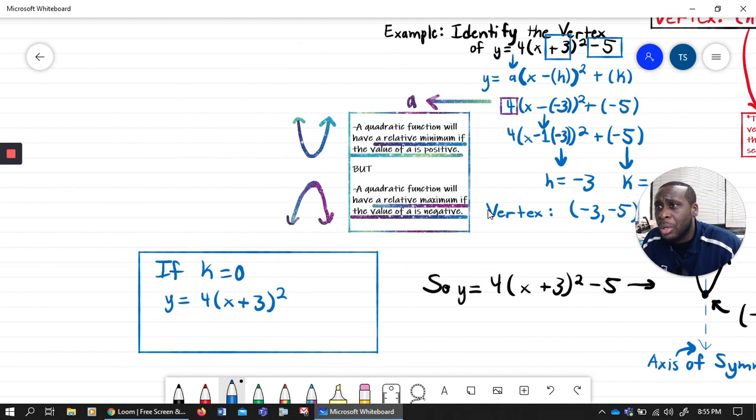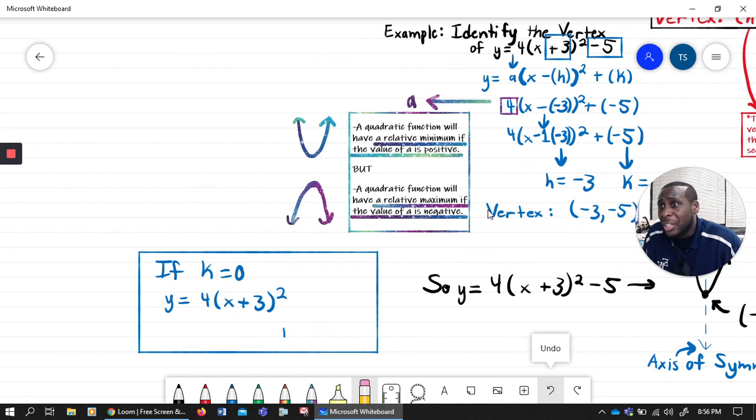And if k was 0, guys, there's absolutely no need for you to write a plus 0, right? If you're adding 0 to something, it would just be whatever it is. You would not need to put a plus 0 on the outside. So I'm erasing this, because you will not need to have a plus 0 written there at all.